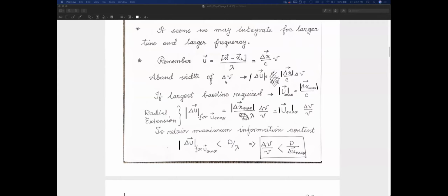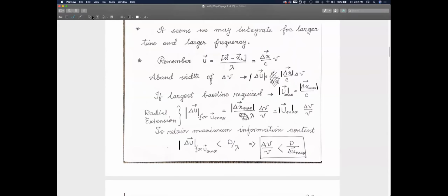So if I choose a bandwidth of delta nu, then that will correspond to a spread in the baseline, which is delta U given by this. Which direction will this spread be? Well, this spread will be in the radial direction in the baseline plane. Why? Because if I consider the vector x1 minus x2 in the baseline plane, let me try to draw one here.